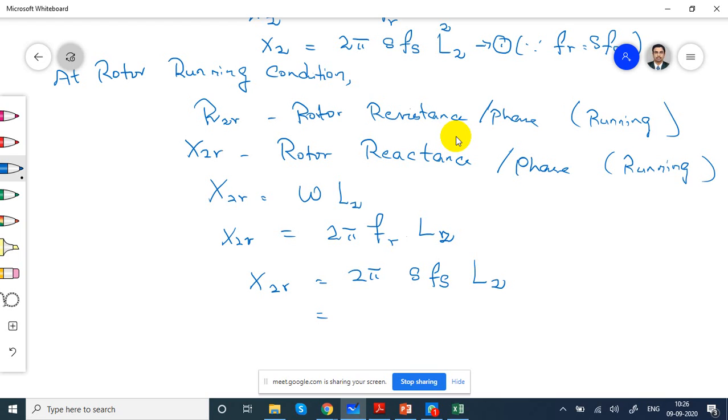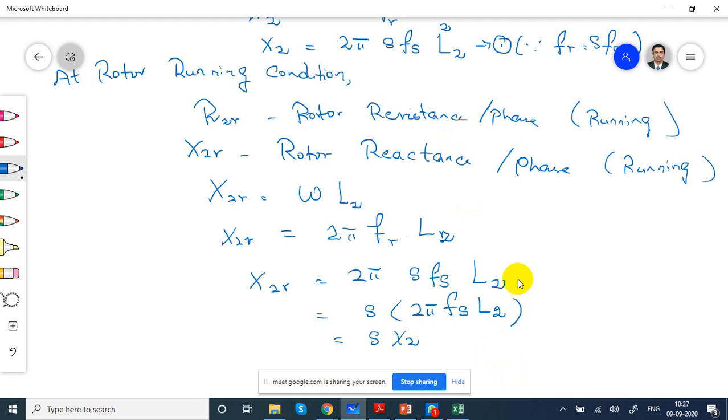So you can take S outside: S into 2 pi Fs into L2.